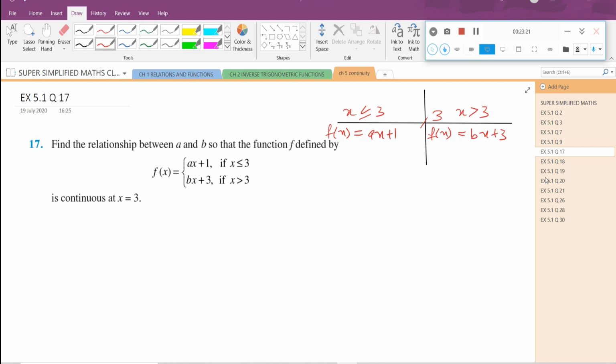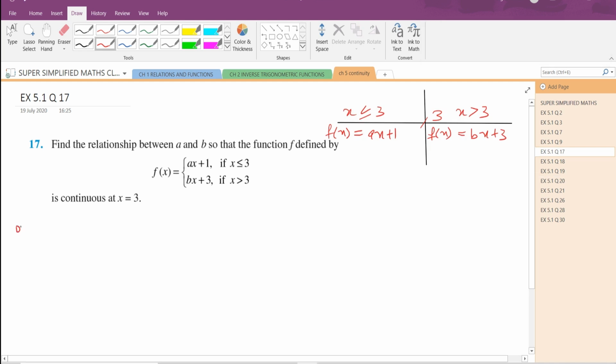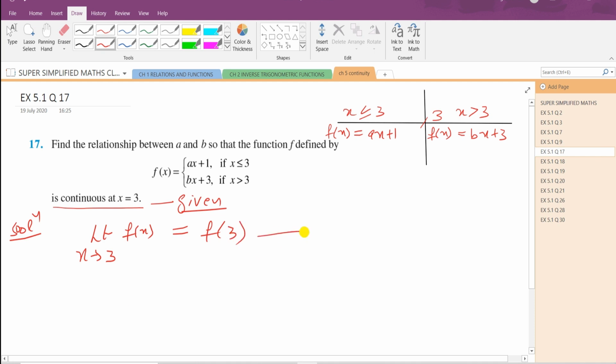So according to the question, since the function is continuous at x equal to 3, this is given to you. So the limit of the function f(x) as x tends to 3 is equal to the value of the function at the point 3. This is equation 1, and this is given in this case.